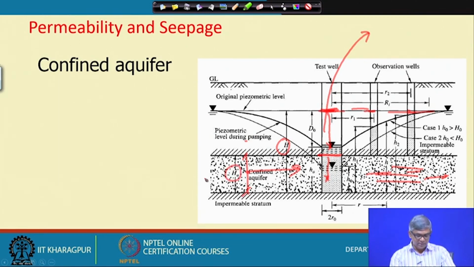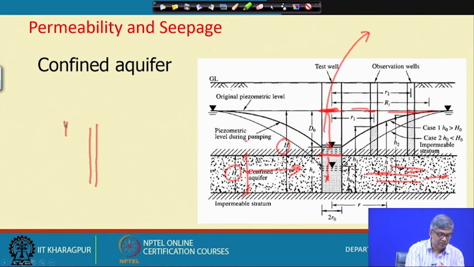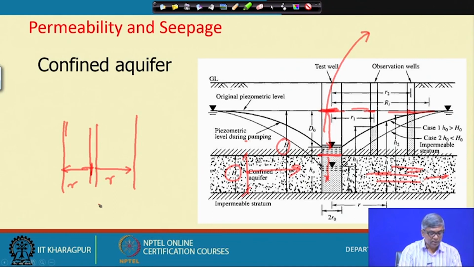Now, in what way is it different from the previous one? If I imagine a well at a distance r, this is the distance r, from the center. It looks unsymmetric, but it is not, only because of my sketch.